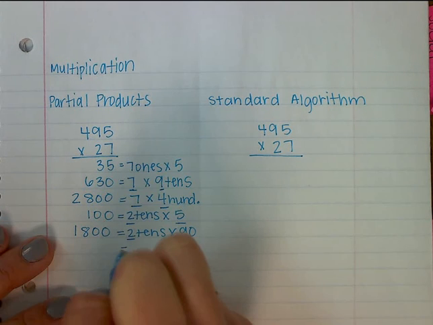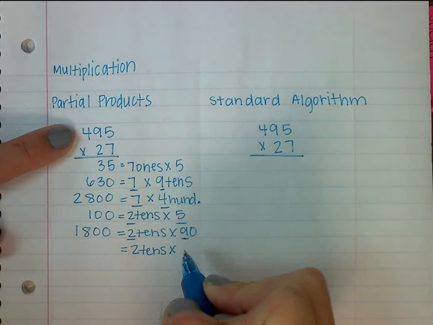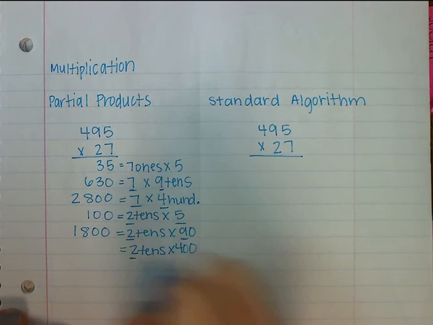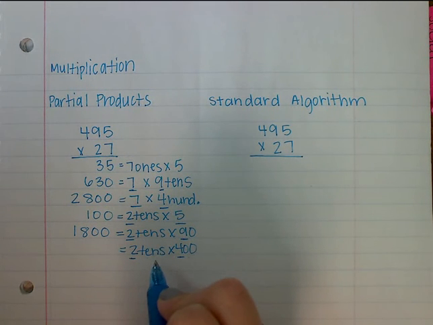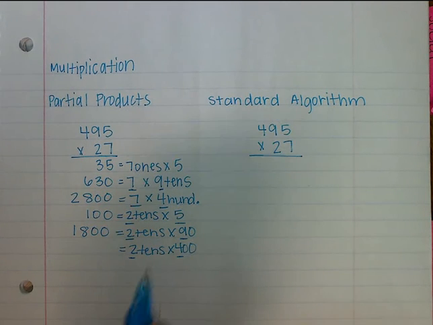And then the last thing that we need to do is do the 2 tens times this 400. So you have 2 times 4 is 8, but that's hundreds, so it's going to be 800s. And then times 10, because it's 2 tens, because that's really a 20, it's going to be 8,000.